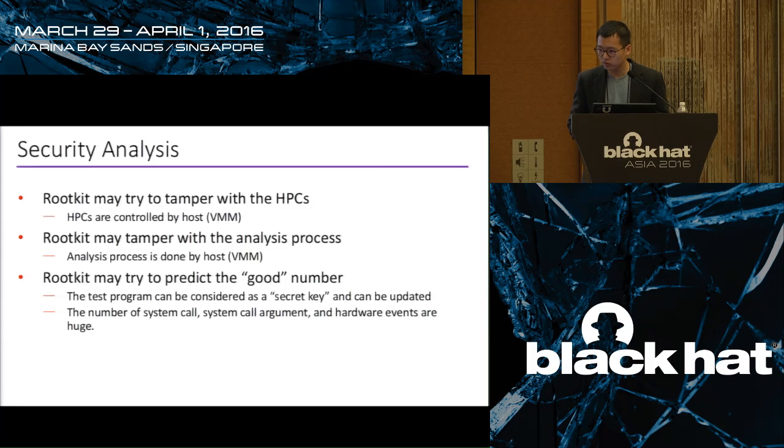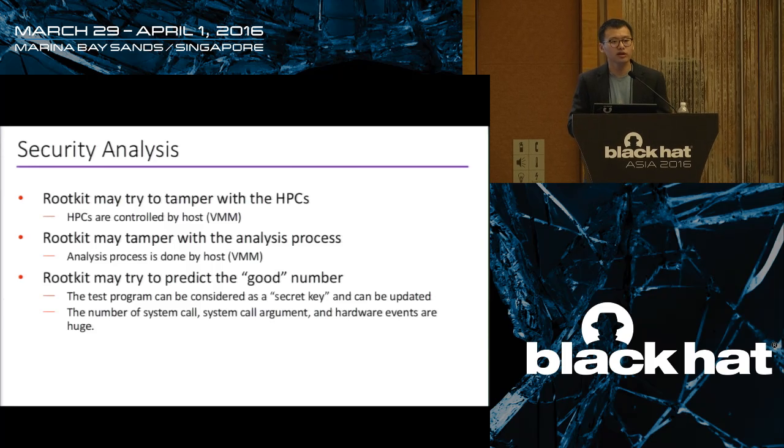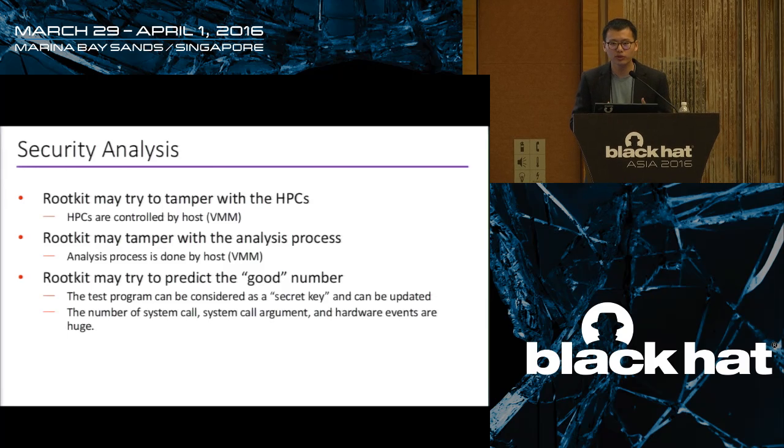Before I conclude the talk, I also want to talk about security analysis of the scheme. It's all good that we detect the rootkit and identify the rootkit, but I'm pretty sure in this cat and mouse game, the rootkit writer is trying to bypass the scheme if they know the scheme exists, right? So start from the weakest attacker.